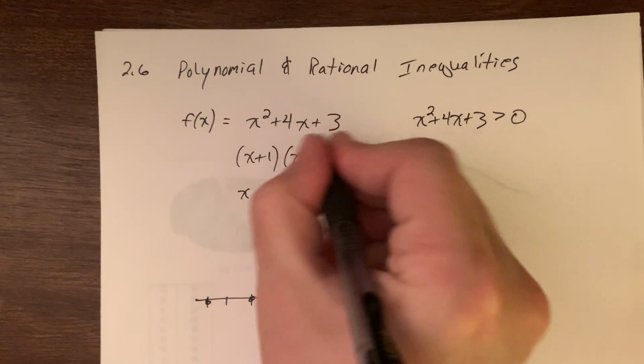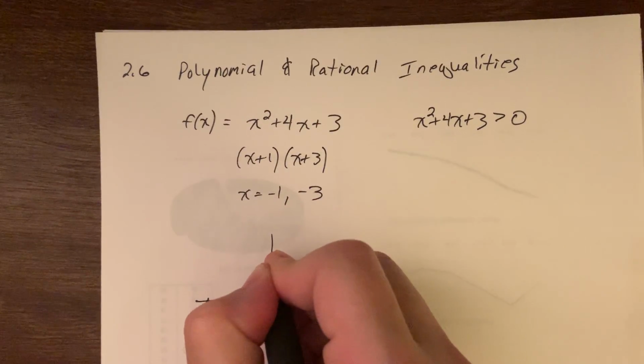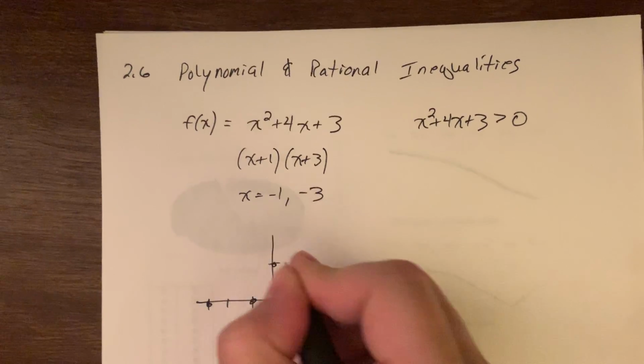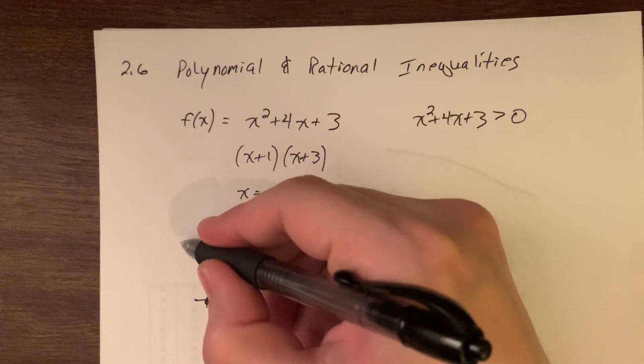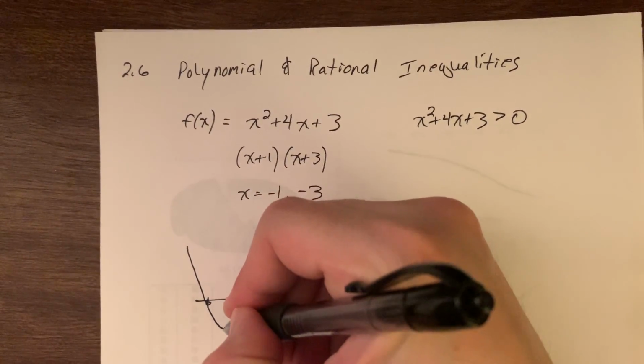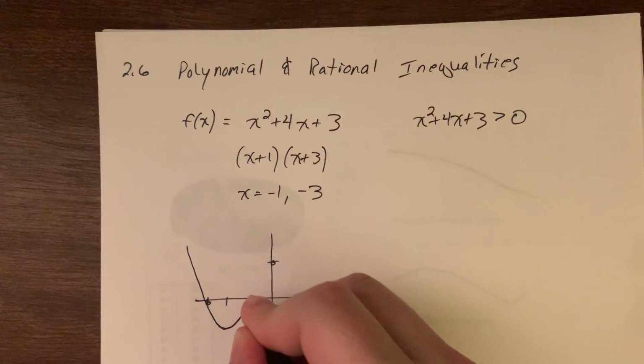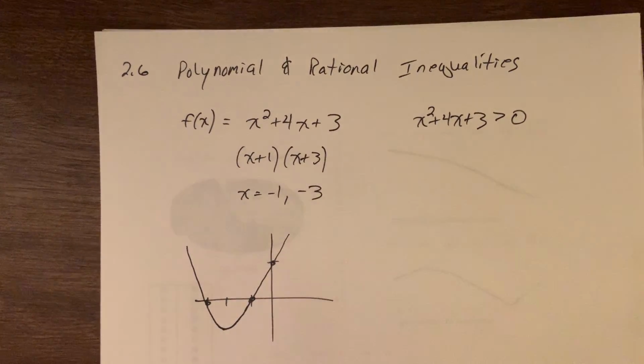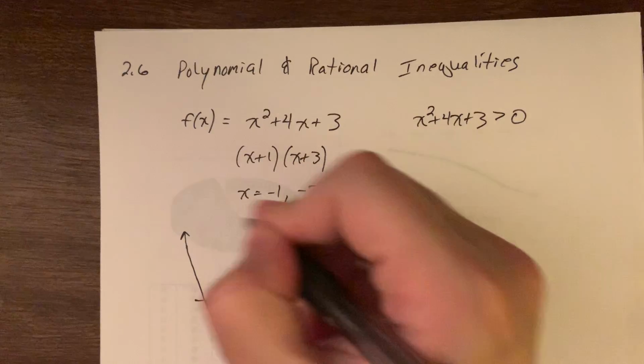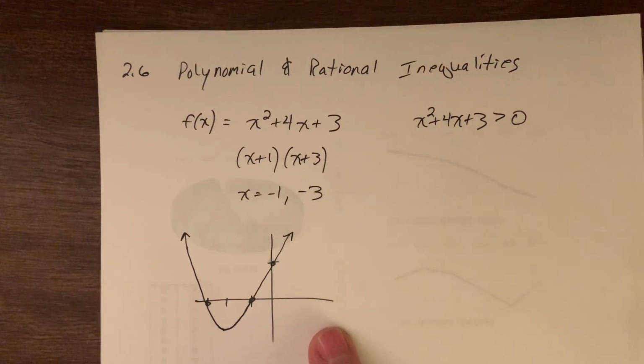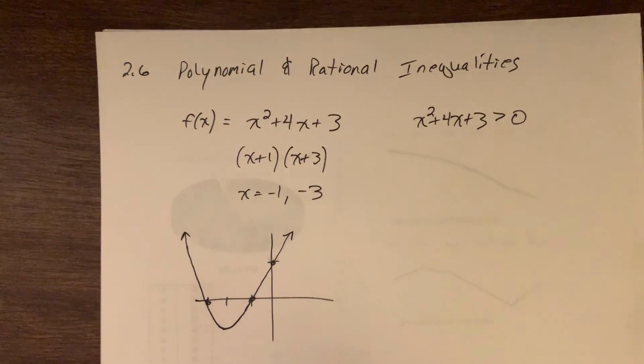And if I also did a little bit of y-intercept work, I'd find a y-intercept up here at 3. I know I start up here, I'd be passing through, looping back, passing through, and that would be the graph of my polynomial.